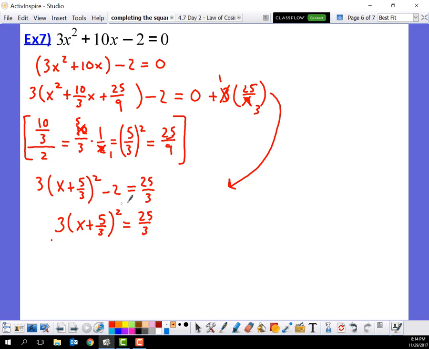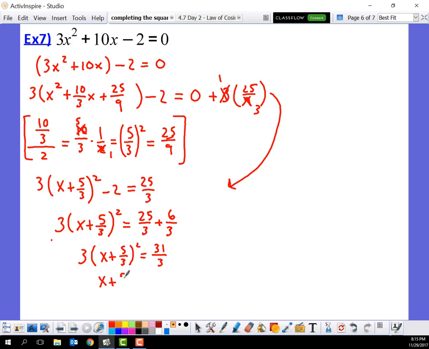I'm going to add the 2 to both sides, but hopefully you know by now I'm not going to write plus 2. I'm going to change that 2 into 6 thirds so I can add those together. So I get 3 times the quantity x plus 5 thirds squared equals 31 over 3. Divide both sides by 3.